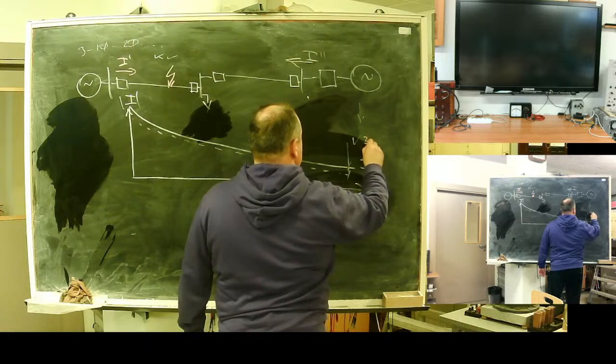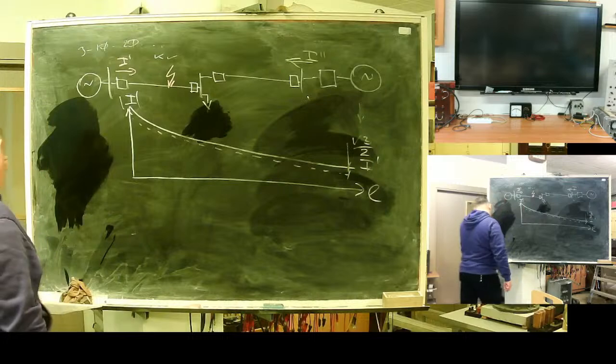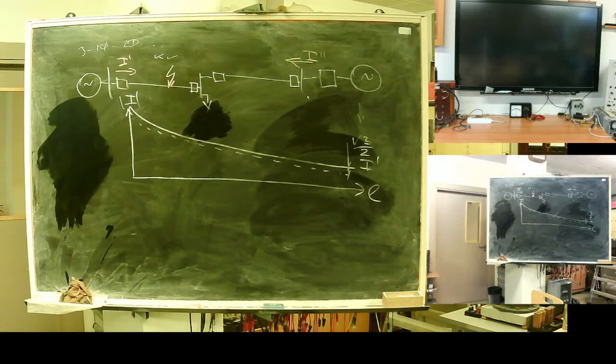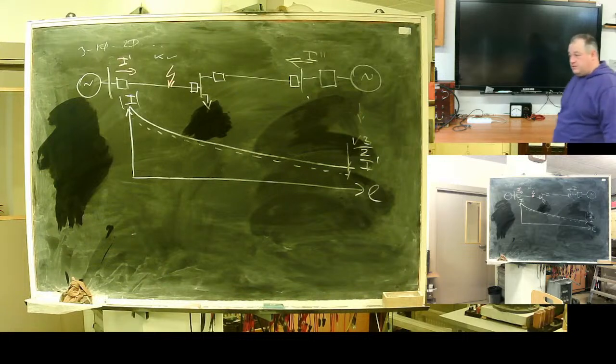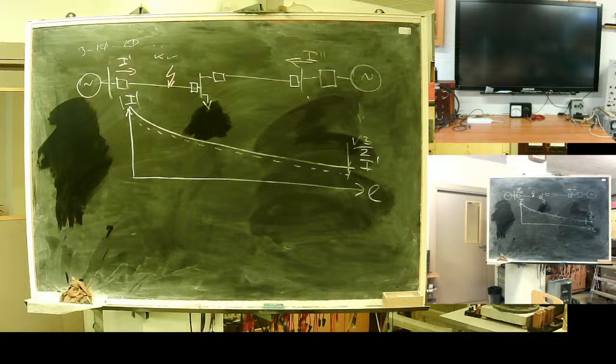Square root of 2 divided by... It's a solid line, three-phase fault, dotted line, phase-to-phase, two-phase fault. Distance between them approximately 0.866.